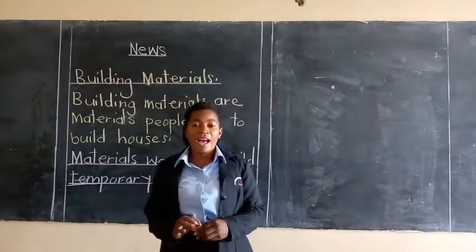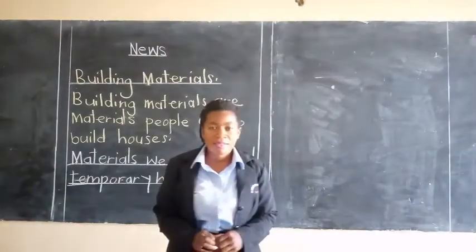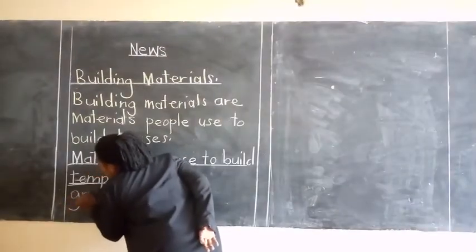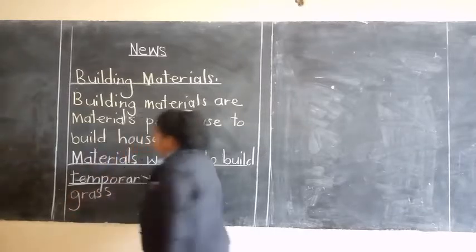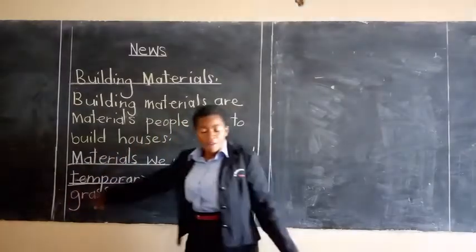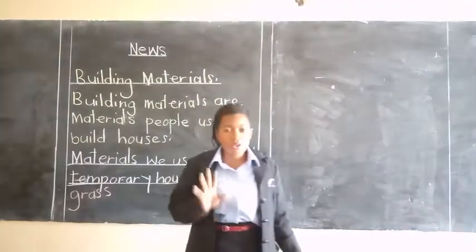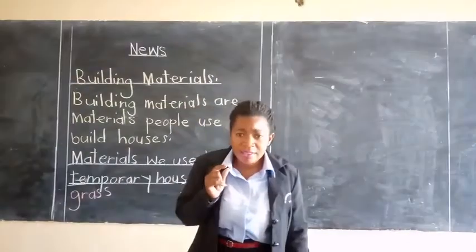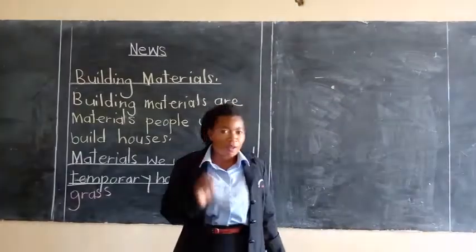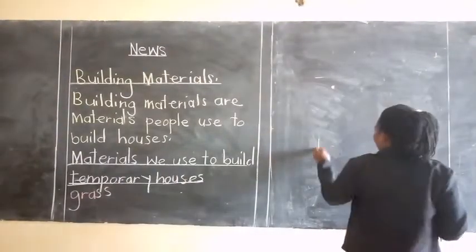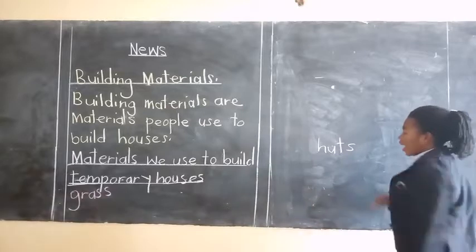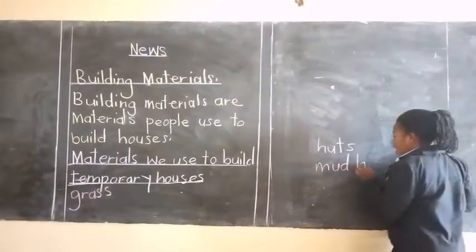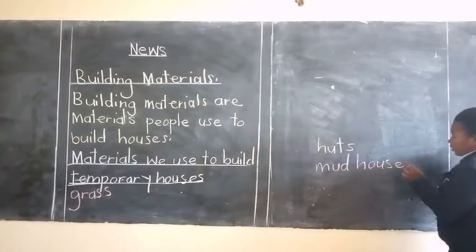Grass. Everybody there? Grass. So the first material we say is grass. This grass is a very good material that we use more so when we are building huts, and at times mud houses.